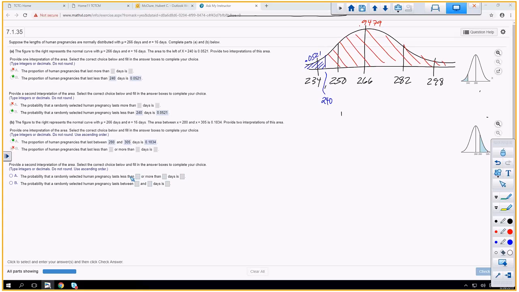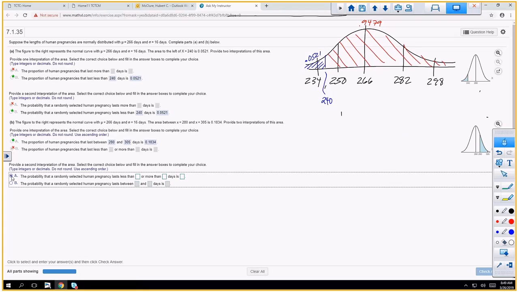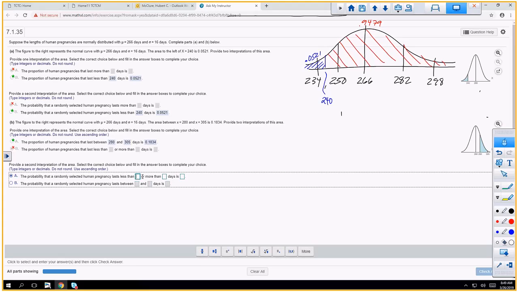I'm not going to sit there and do it two or three times. To me, that's ridiculous. And some of y'all are starting to go into convulsions, so let me see what time it is. We still got time. And I can't click onto this. So let's type in more than 280, or less, is it less, between 280 and 305 is 0.1834.